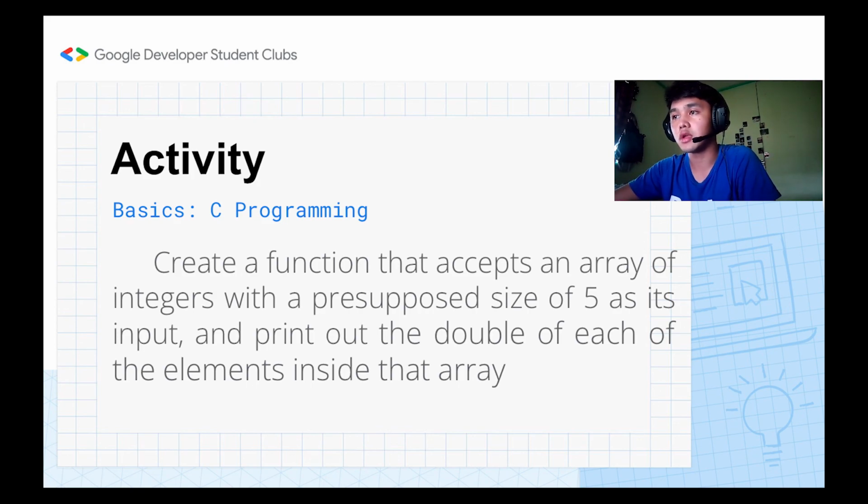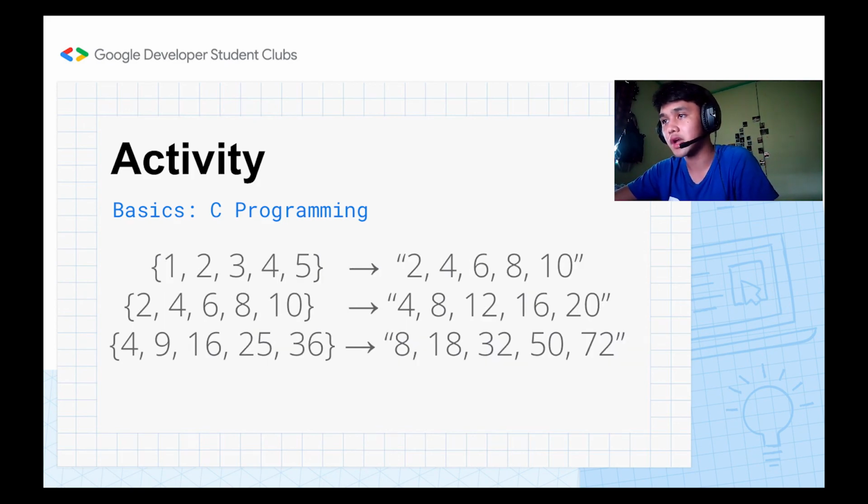So if you have an array of 1, 2, 3, 4, 5, it must print out 2, 4, 6, 8, 10. You can use the same array as is.